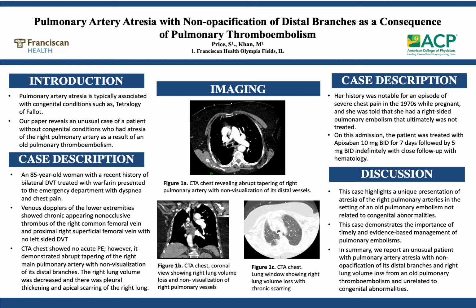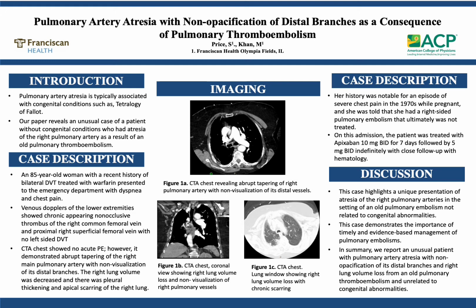Figure 1B is a CTA of the chest as well, in a coronal view, and here too you can see the left pulmonary artery descending into the lung, and the right pulmonary artery is abruptly tapering as well. Similarly, there are no right pulmonary vessels that you can see in this image.